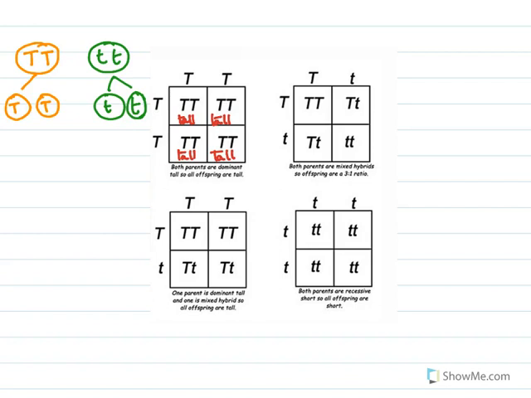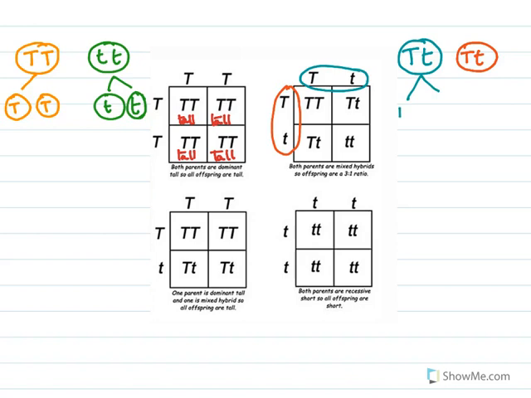Now in the second one, it is a cross between capital T, small t, and capital T, small t. So here one individual has got this makeup and the other individual has got this makeup. So the gametes in this case will be T and t.